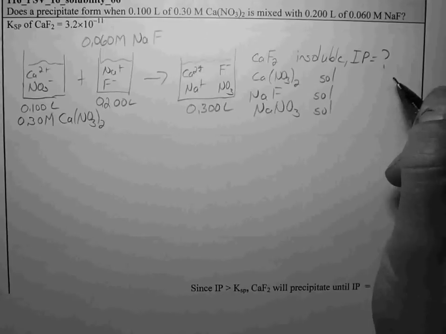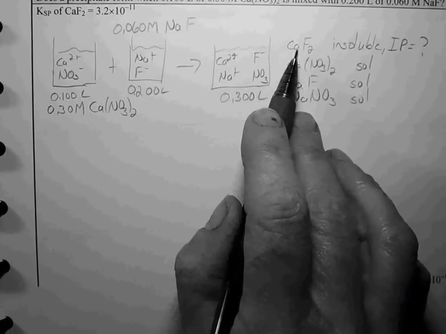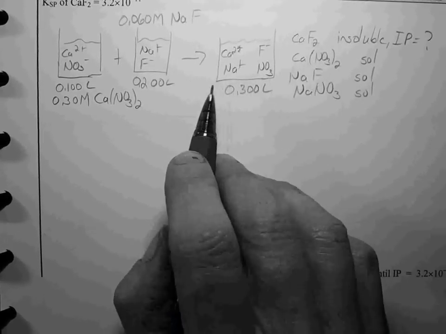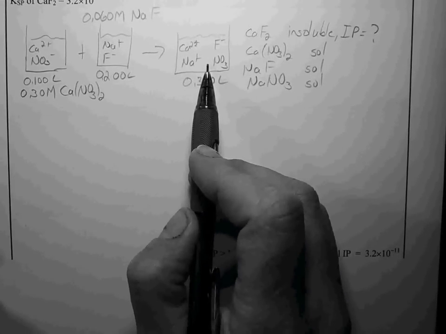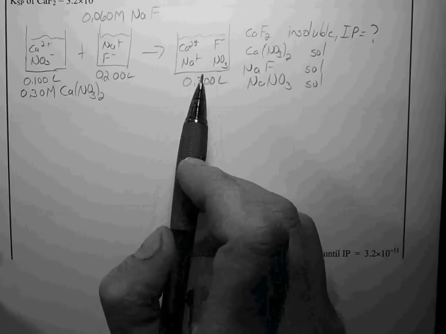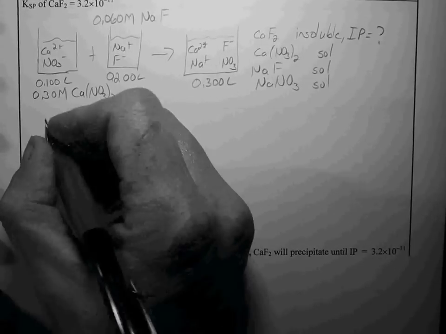Alright, so what we need to do is to calculate the new concentration of calcium and fluoride ions, because when we add the two solutions together, the volume is changed, so there's going to be a dilution involved in the concentration of both these ions.